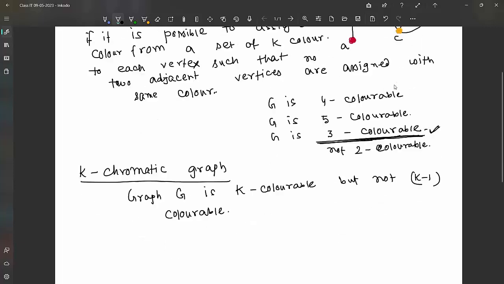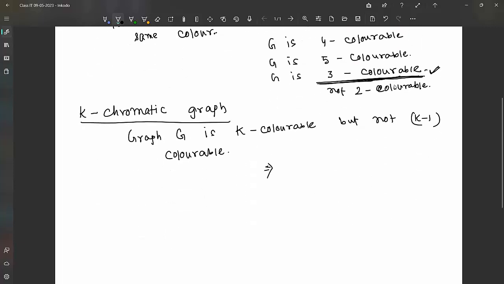So here this G is a 3 chromatic graph, and its chromatic number is equal to 3 here.